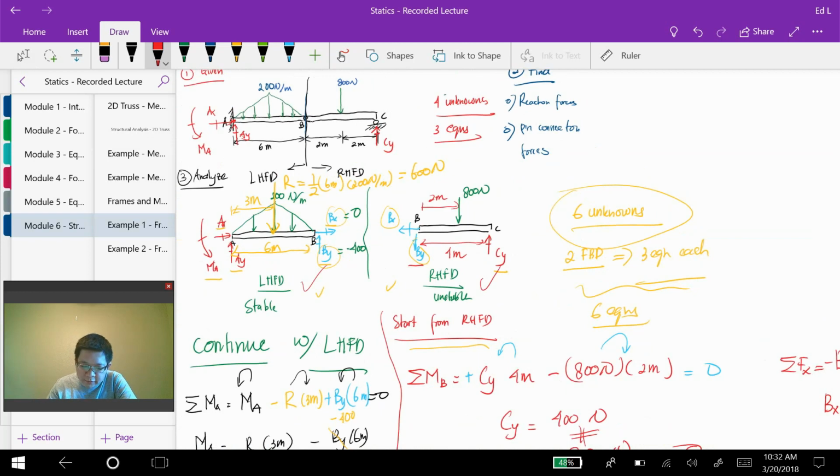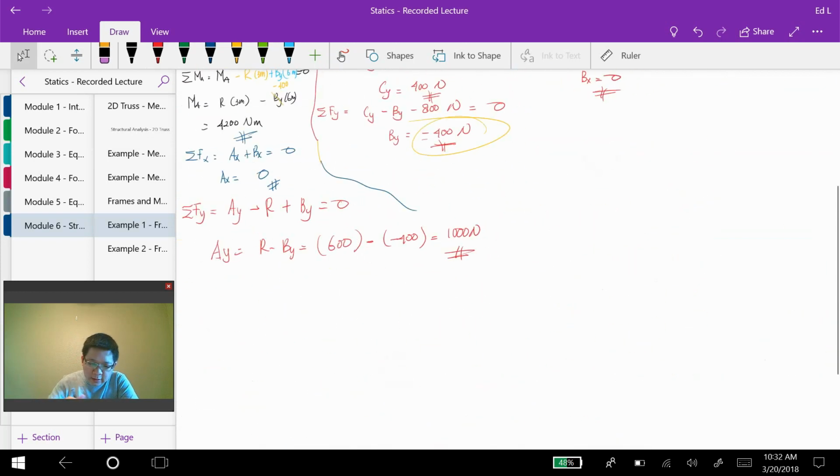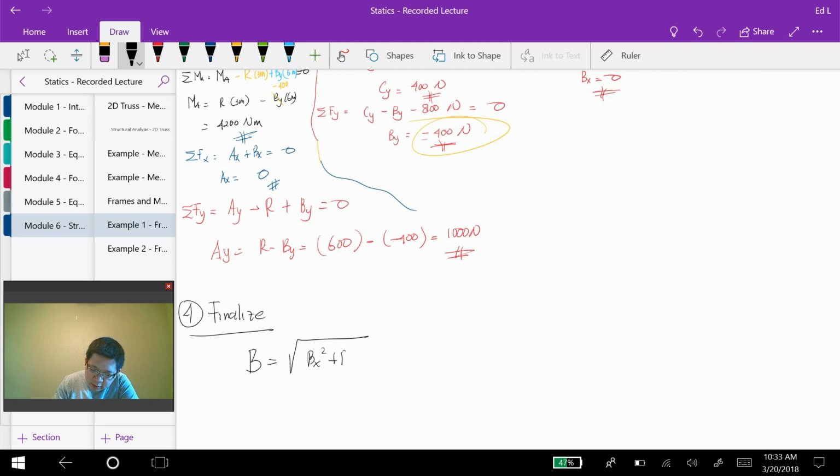And if you would like to calculate the pin connection forces, the resultant of the pin connection forces is the square root of Bx squared plus By squared, right? And Bx is 0, and By is negative 400 Newtons squared. So here B is 400 Newtons.